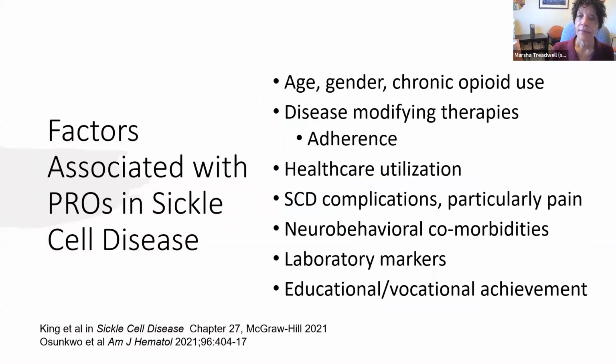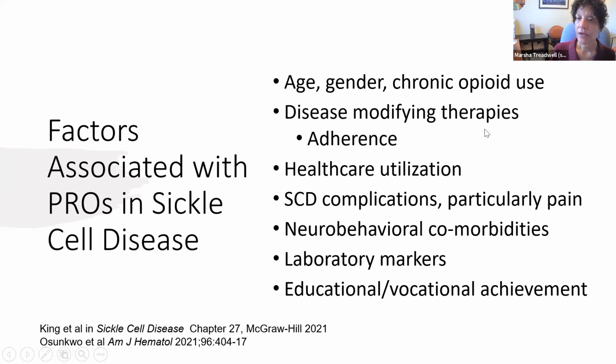So there have been a number of studies over the years. First, the Cooperative Study of Sickle Cell Disease in the 70s, and then later other large cohort studies. And so some of the factors that have consistently been shown to be associated with patient-reported outcomes: female gender has been associated with worse patient-reported outcomes, as have increasing age and chronic opioid use.